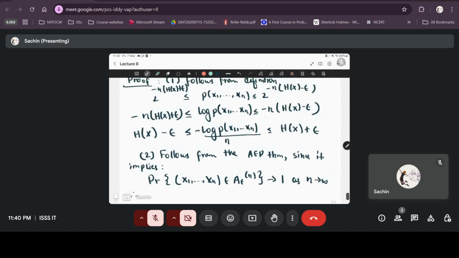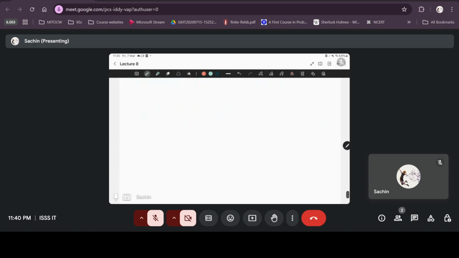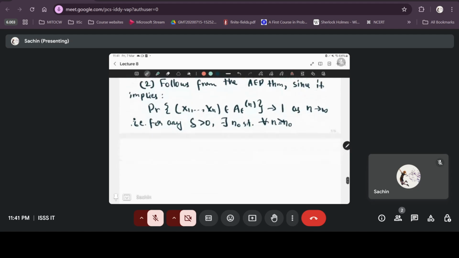That is, for any delta greater than 0, there exists n0 such that for all n greater than or equal to n0, the probability that minus 1 over n log of p of x1 to xn minus h of x is less than epsilon is greater than 1 minus delta.